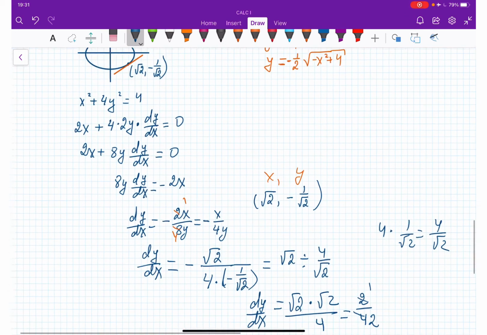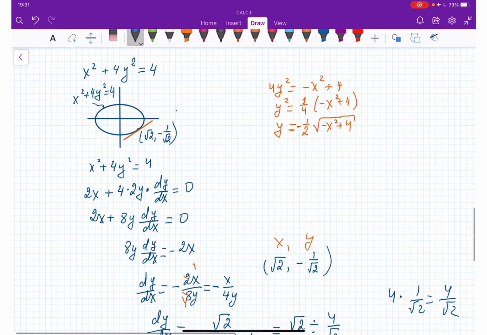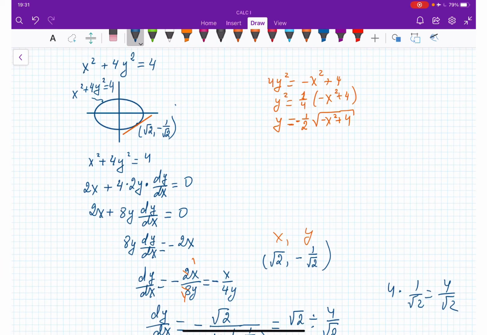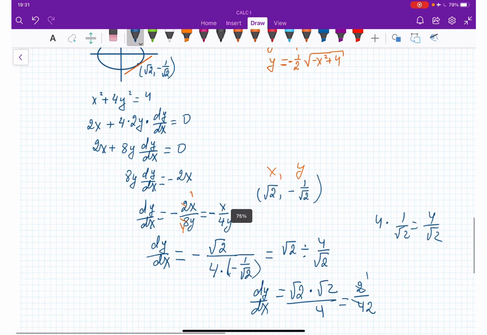While if you do the explicit way, it's going to be rational fractions, exponents, and so on, and it won't be so easy to plug in the values of x and y. Okay? So here we can see the advantage of implicit derivative.